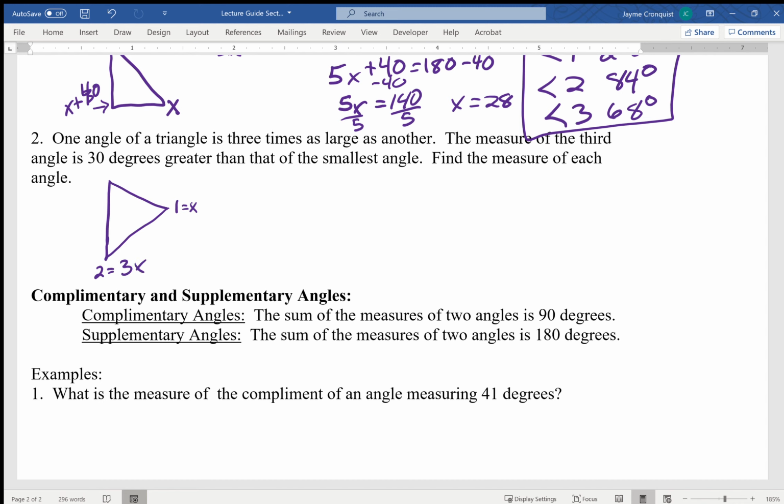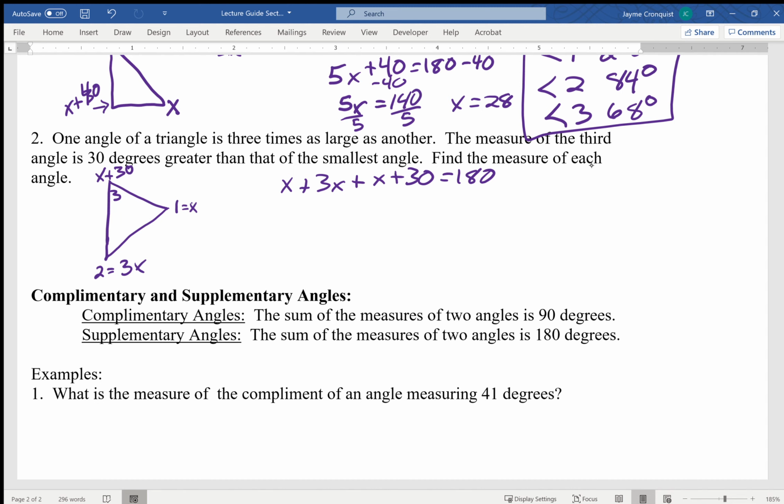The measure of the third angle is 30 degrees greater, so this is x plus 30. That's angle 3. So we have x plus 3x plus x plus 30, that all has to add up to 180.